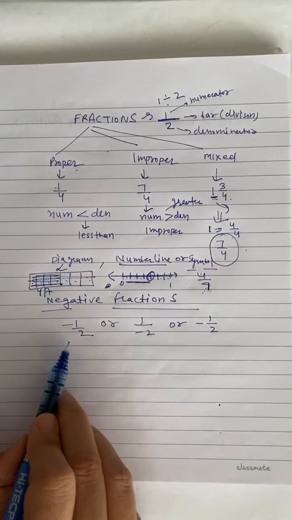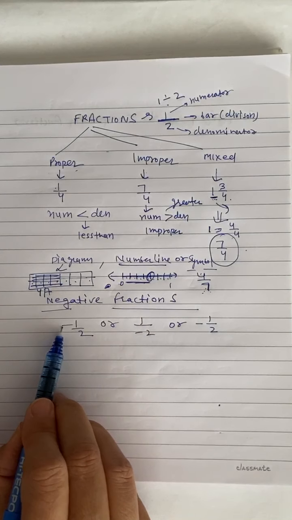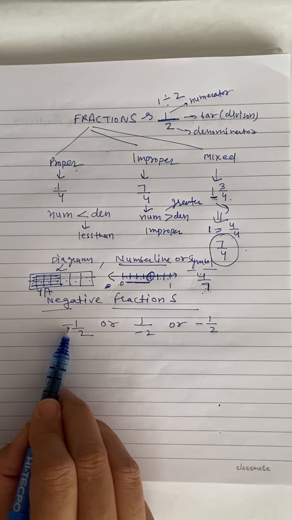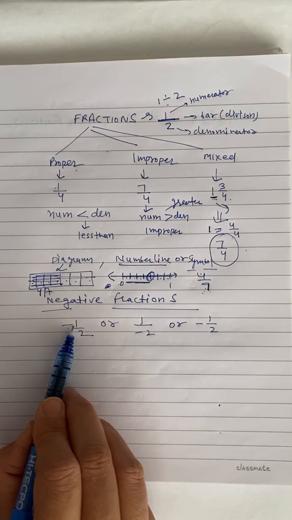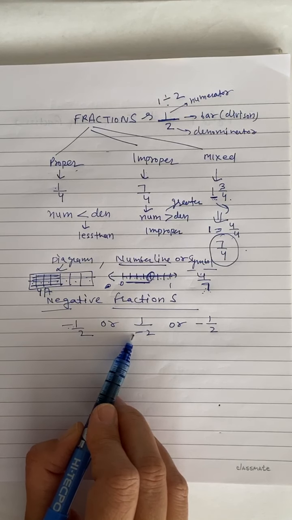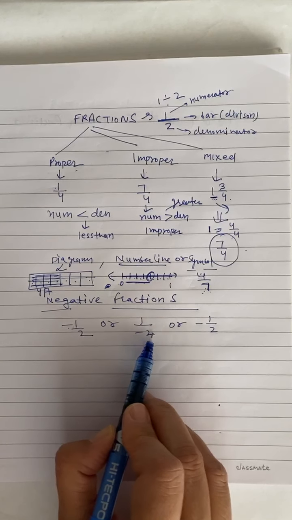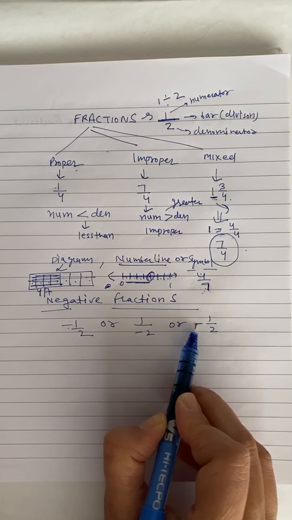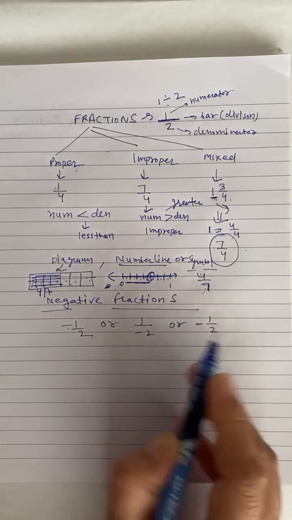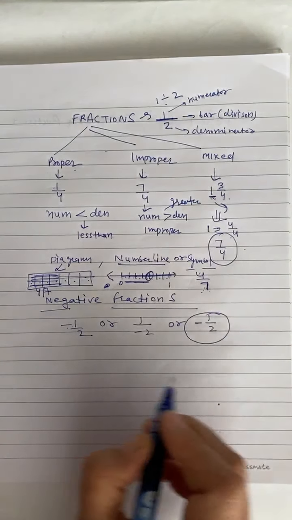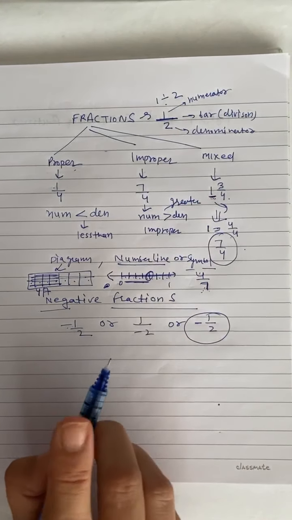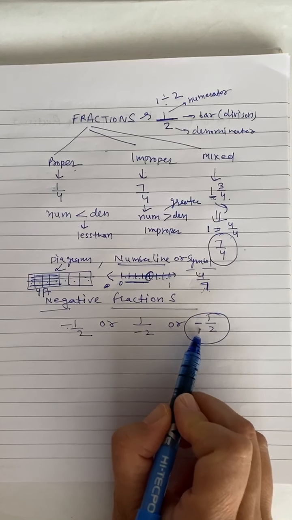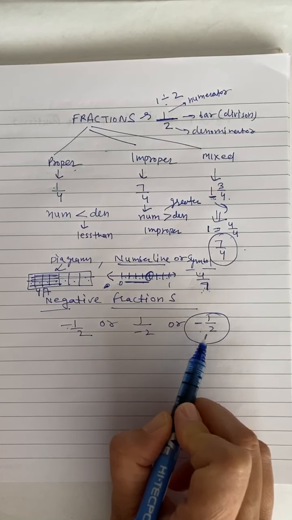These are all negative fractions, which basically means you have one negative. That negative can be written with the numerator, with the denominator, or alongside the bar, and we prefer this notation. Whenever there is a negative fraction, we will use this notation.